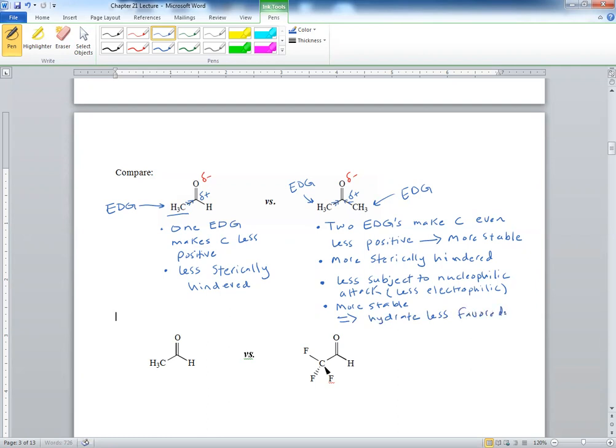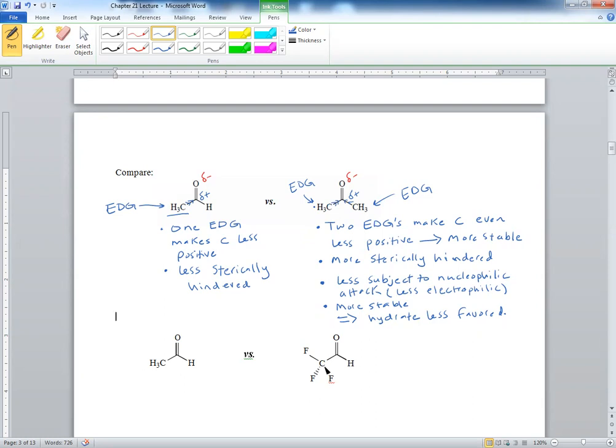So you are more likely to form a hydrate from this one than this one, simply because all of the factors here make the ketone, the acetone, more stable. Thus, the reaction won't likely take place, or even if it does, the equilibrium will still favor the reactant. So that's the idea here.